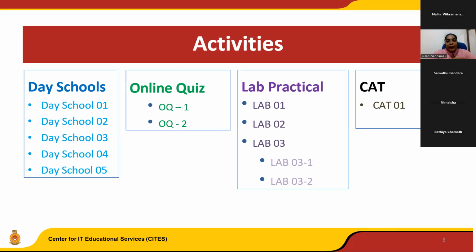So you will practice in day school. You have to ask questions while we are doing day schools. We will also evaluate your knowledge using online quizzes and laboratory sessions, so you can practically interact with us in laboratory sessions. For example, I will explain later how it happens.